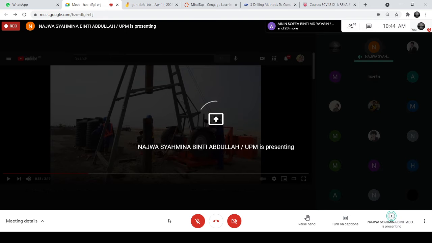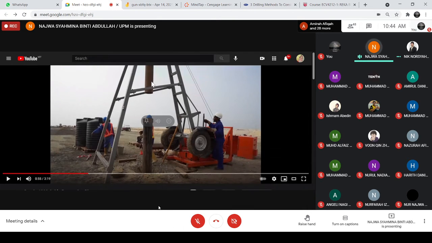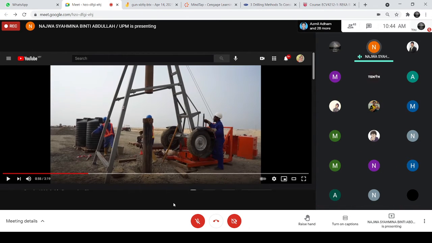As you can see from this video, on the top side of this percussion drill is a heavy steel attached to a rope, which is lifted either by hand or usually by a machine. In old times they used hands. Let me play the video.